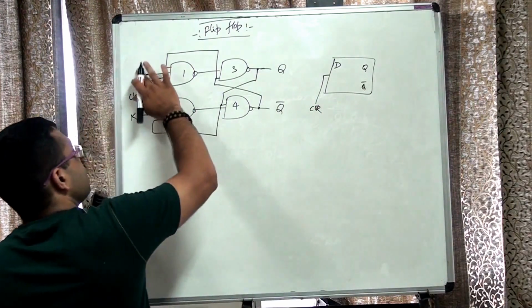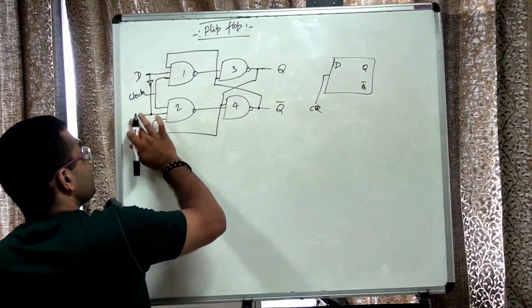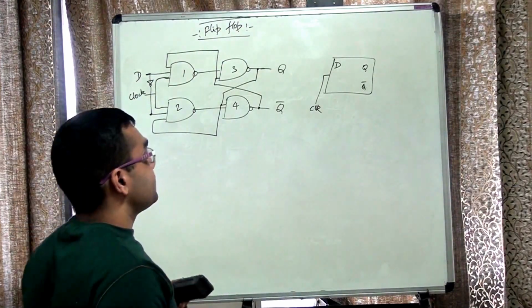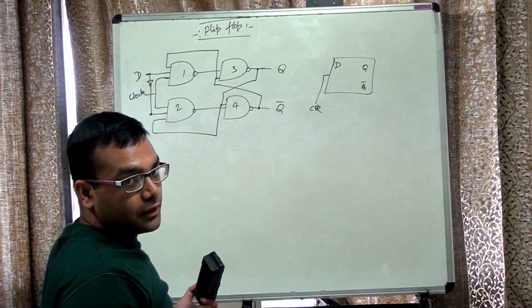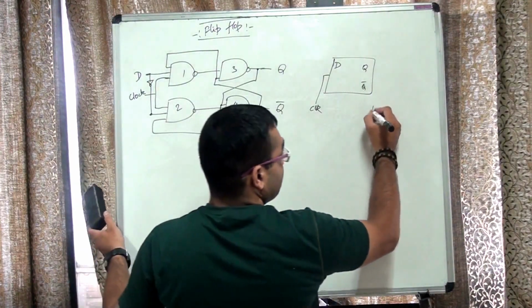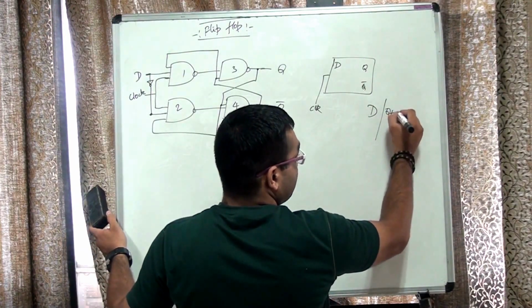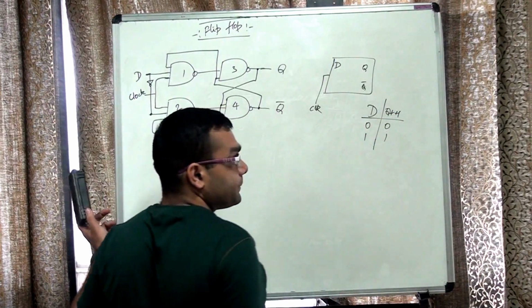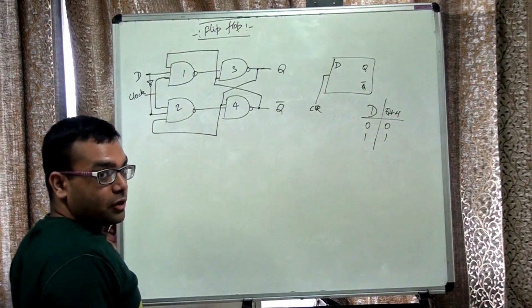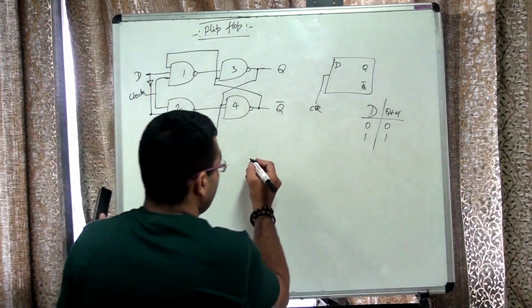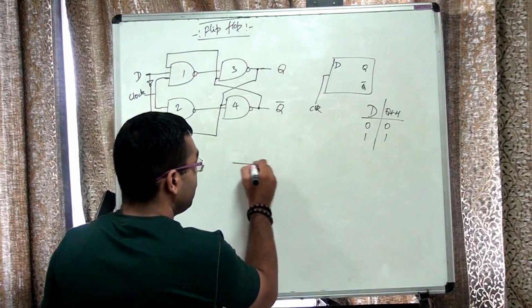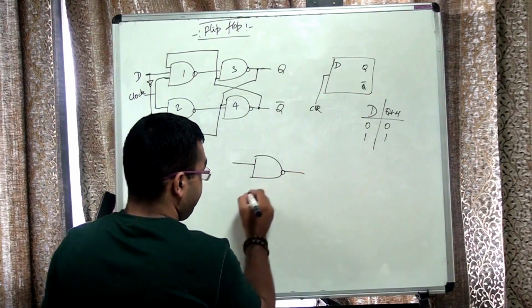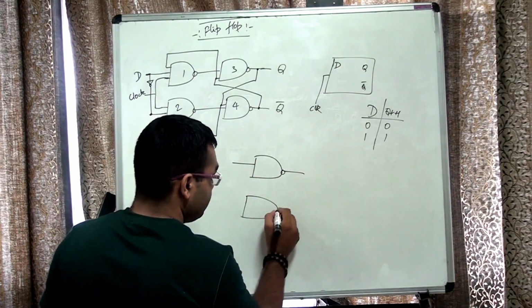So this J I can replace by D, because the K has been applied by complementation. Simple, the truth table will be like this: 0, 1, this will be 0, this will be 1. In case I want to design a T flip-flop, what do I do? I will write that down for you.